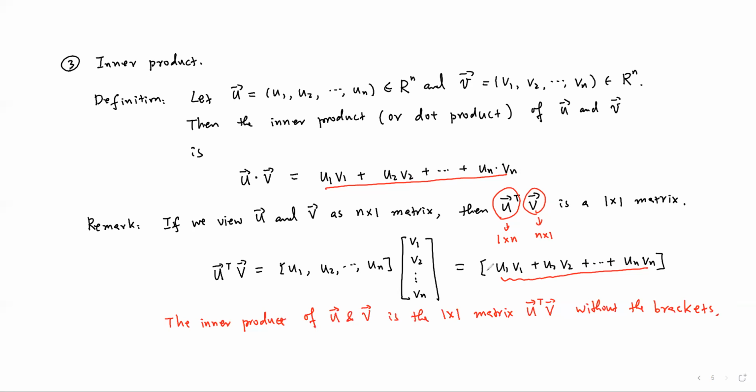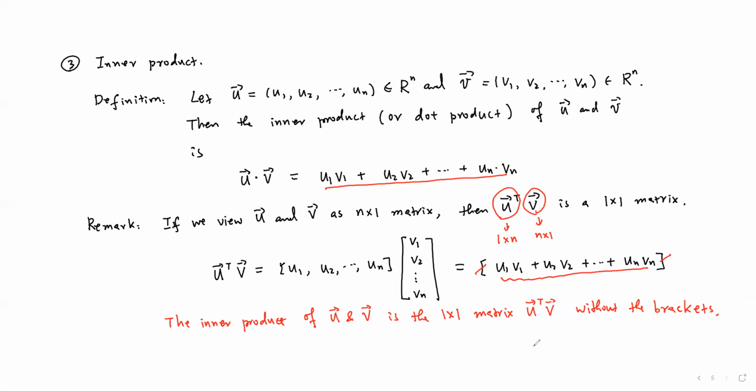If we remove the brackets, then only the number remains, which is the inner product. So the inner product actually is the vector u transposed times the vector v.